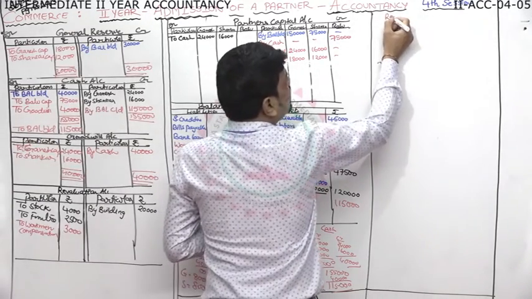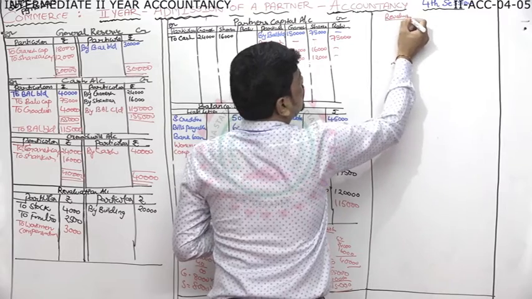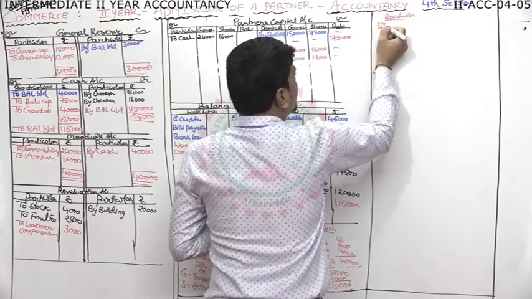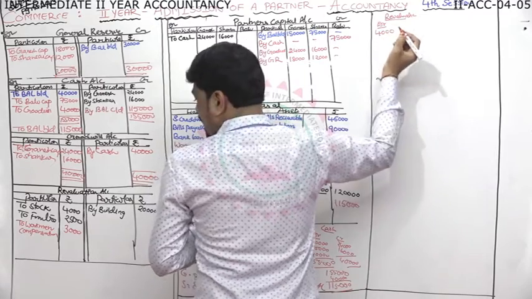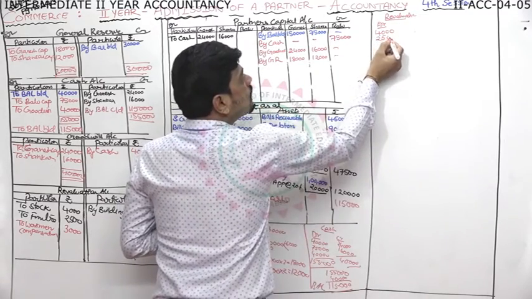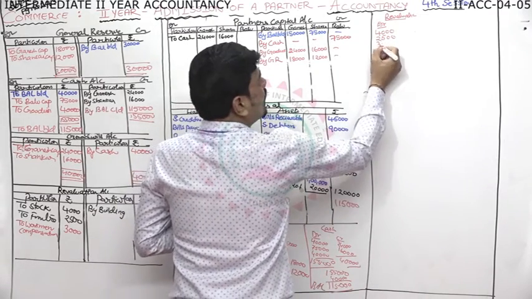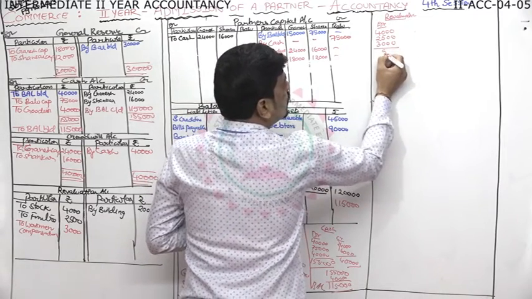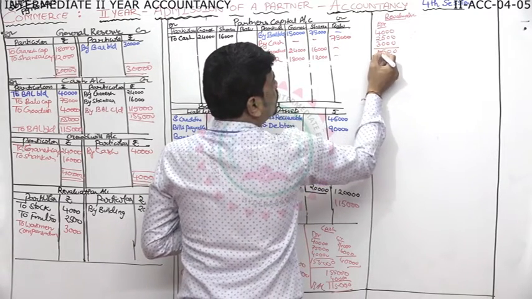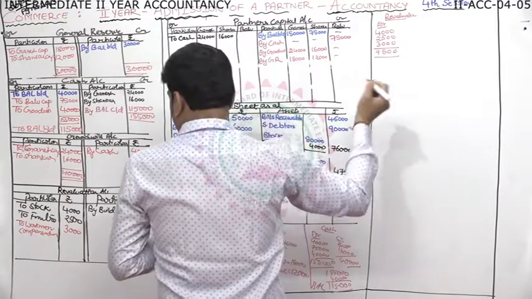So again, working for revaluation. Let us do the debit total. If I write the debit figures, 4,000, 2,500 and 3,000. The total is 4 plus 2, 6 plus 3, 9,500.